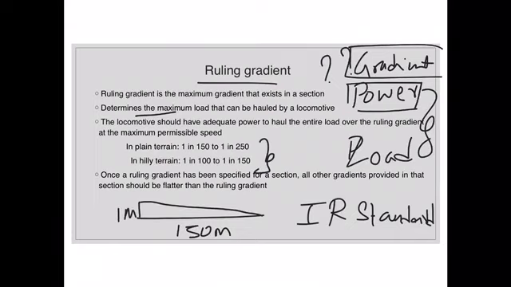This is how the slope has to be provided. In the hilly region, the gradient value is restricted to 1 in 100 to 1 in 150. Once the ruling gradient has been specified for a particular section, all other gradients you provide should be flatter than the ruling gradient.